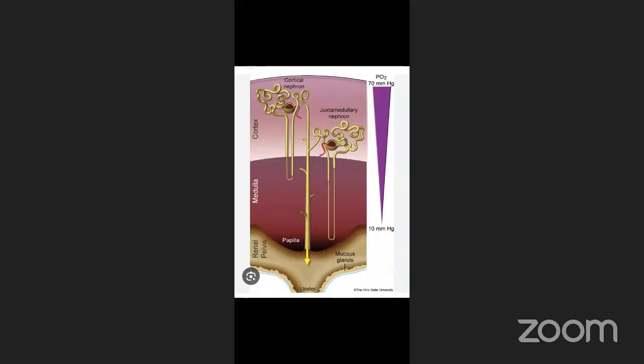And because the loop of Henle is shorter, then you expect that the medulla will also be narrower.